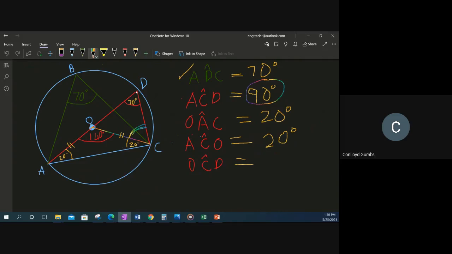It is an angle that sits on the diameter. It's subtended by the diameter. So if this whole thing is 90, and this is 20, both of them together must add up to 90. So that means that in here must be 70 degrees.